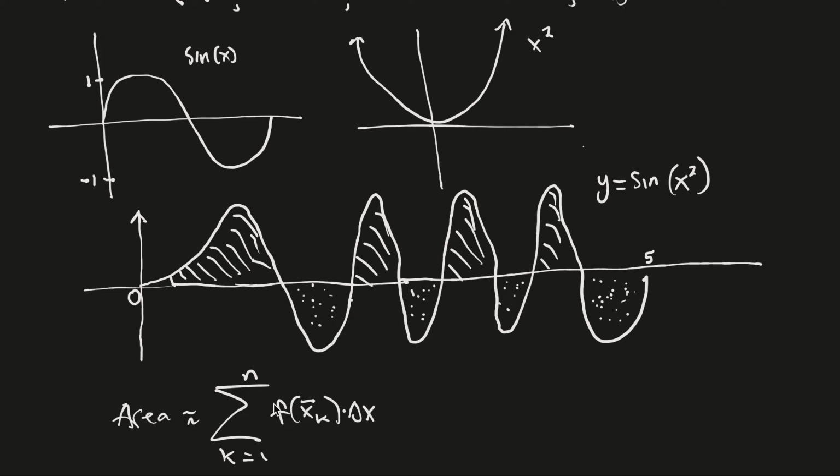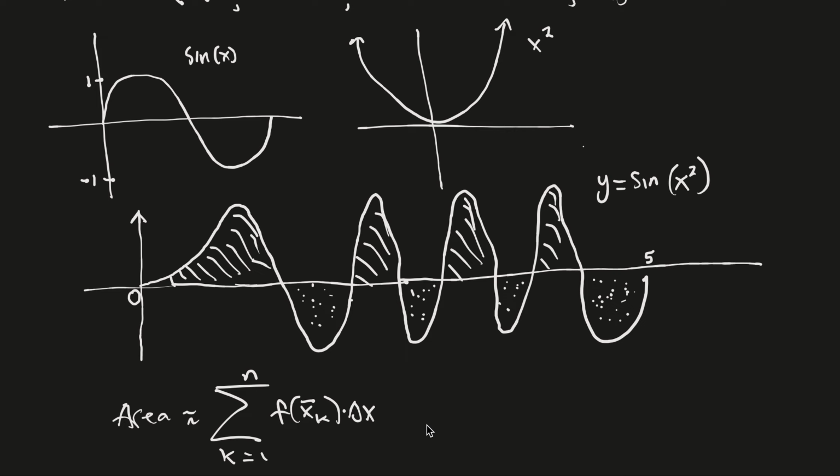But if you think about it, some of these function values are positive. So the ones that are above the x-axis would correspond to positive values. And the ones that are below the x-axis would be negative. So some of the terms in our sum would be positive and some would be negative.